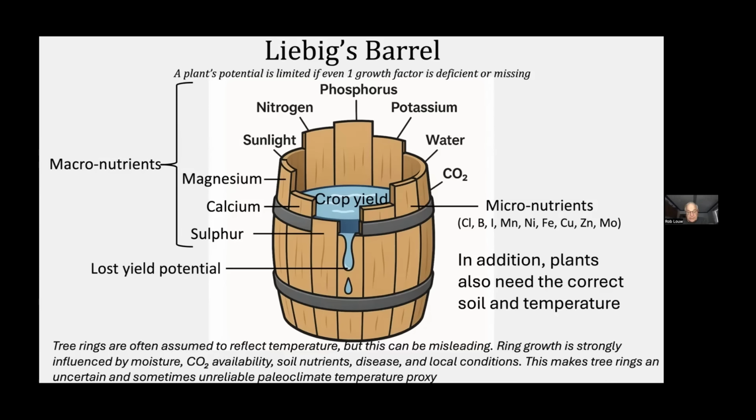And this makes rings an uncertain and, quite frankly, an unreliable paleoclimate temperature proxy. However, it is frequently used in the literature. And I would just say, when you are reading the literature, take some caution. Check whether the claims that are being made can be validated. But that's more or less an aside.